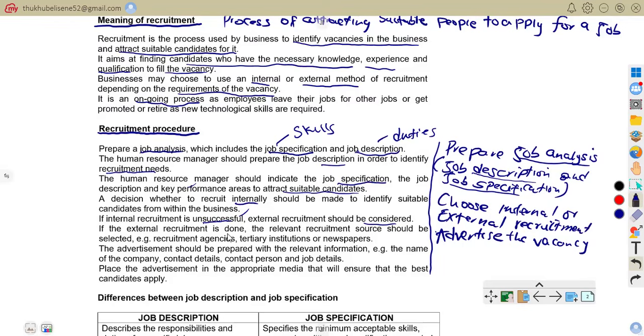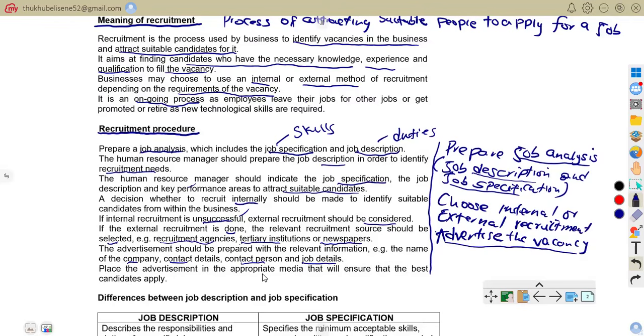If external recruitment is done, the relevant recruitment source should be selected. That is where we can make use of recruitment agencies, tertiary institutions, or newspapers. That's when we say you advertise a vacancy. The advertisement should be prepared with relevant information: the name of the company, contact details, contact person, and the job details.